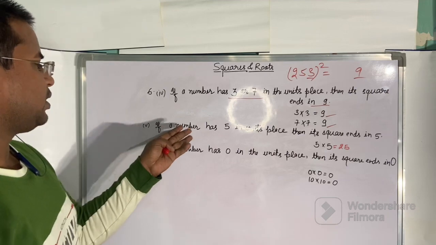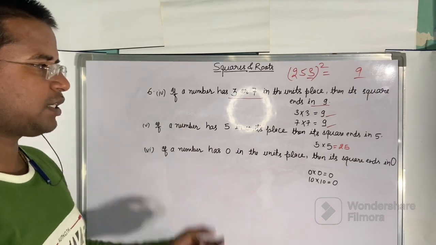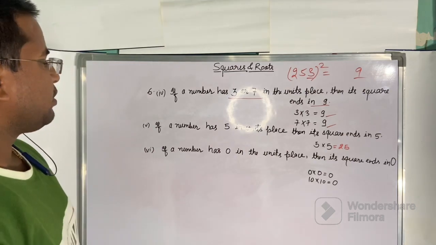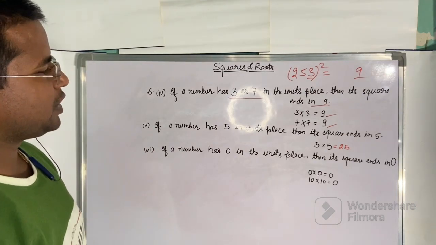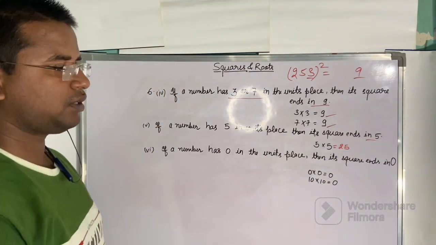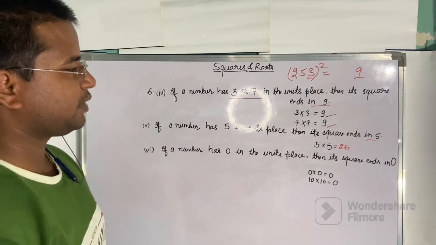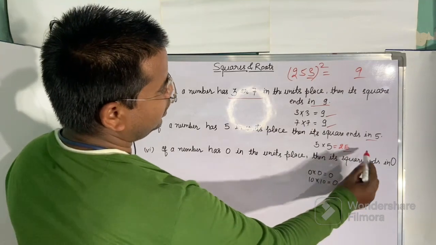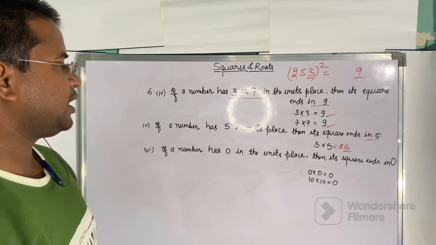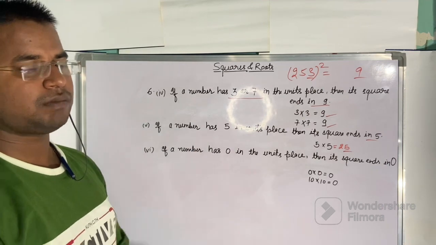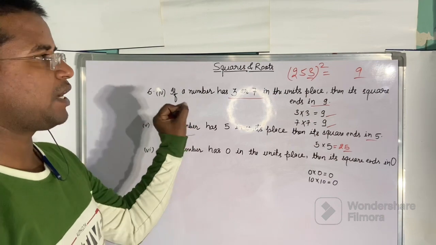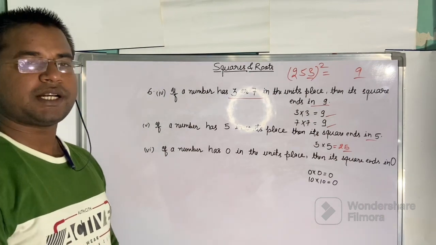Now, these next two are very basic, but they are rules, so we discuss them. If a number has 5 in its units place, then its square ends in 5. We all know that 5 multiplied by 5 is 25, so the unit digit is 5. If we apply that rule to any big number that ends in 5, then its square also ends in 5.